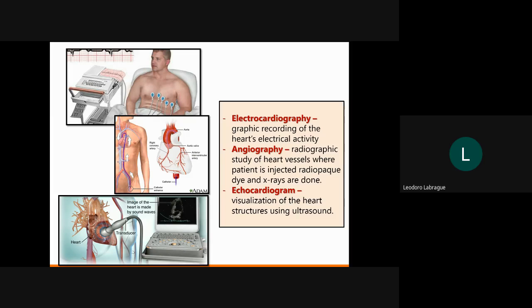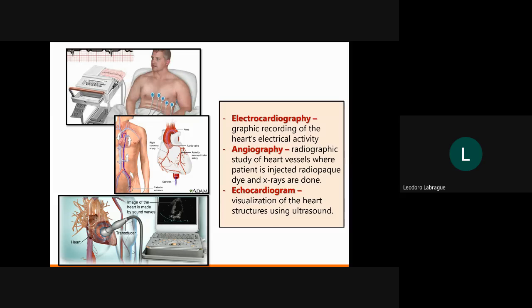Upon checking the result of this electrocardiography, the doctor can actually tell whether the patient has a heart problem. This is also called a graphic recording of the heart's electrical activity.